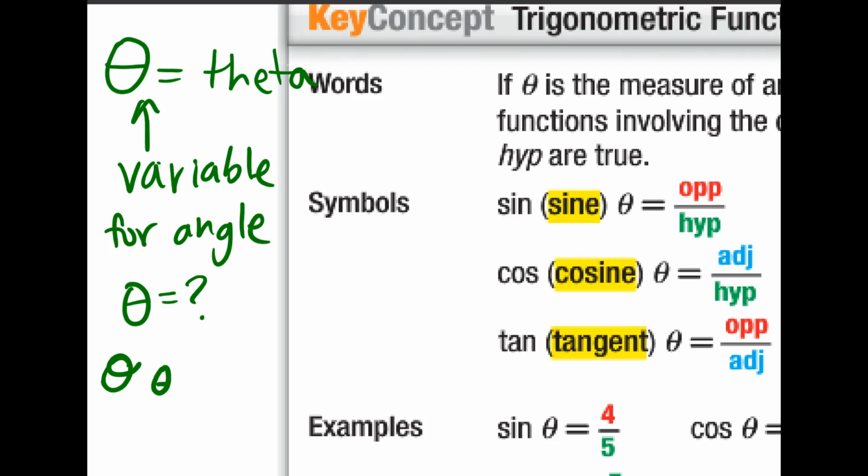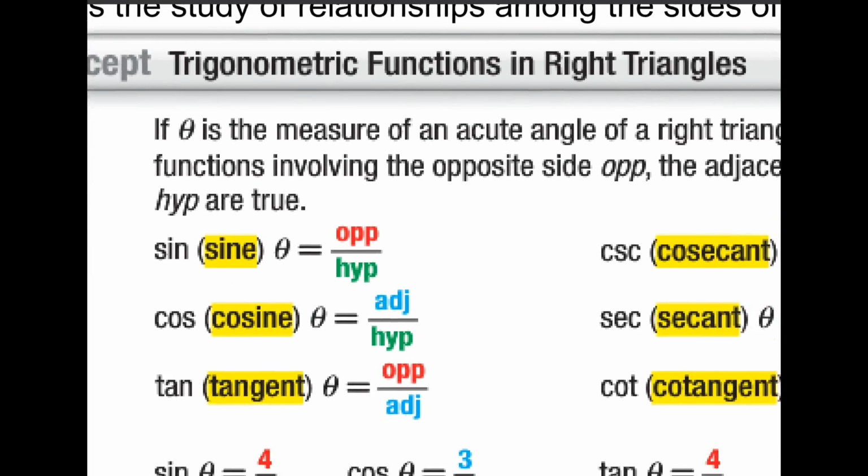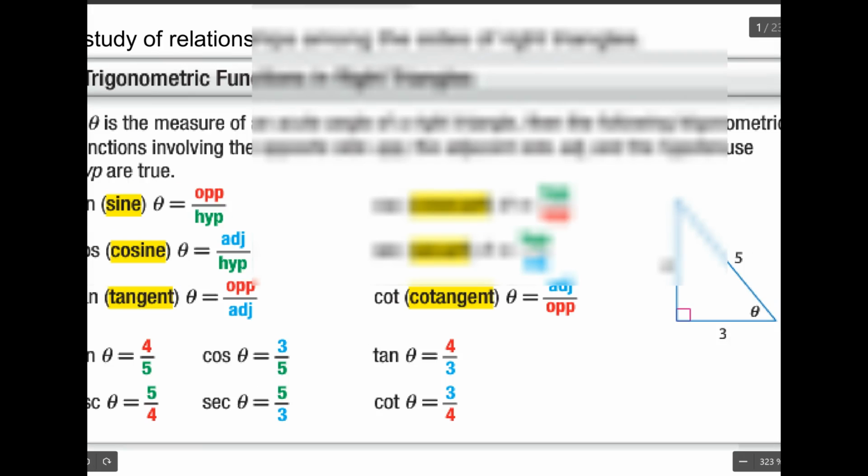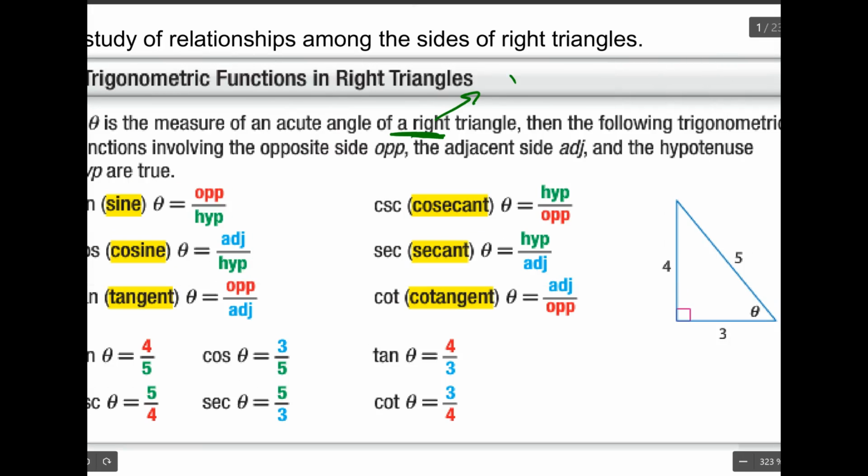So let's keep going. If theta is the measure of an acute angle of a right triangle, what does right triangle mean? There's a 90-degree angle. This will help you with your SAT math, because there is a little bit of trig on the SAT.